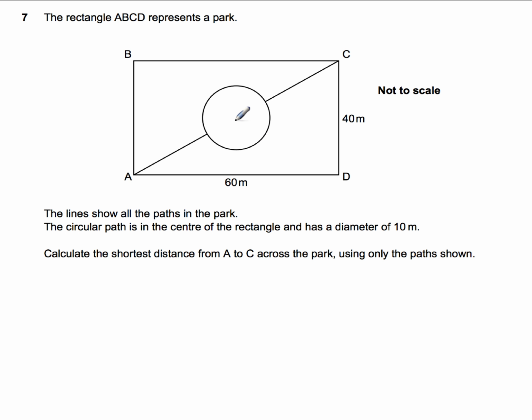That means this is not a path, so it could be that there's a lake or something in the middle, so you can't cross it. It says calculate the shortest distance from A to C. So if you're walking from A to C, obviously the shortest distance would be going across, but imagine if this was a pond, you can't walk across it, so you're going to move in this direction, go all the way around this path, and then move up to C.